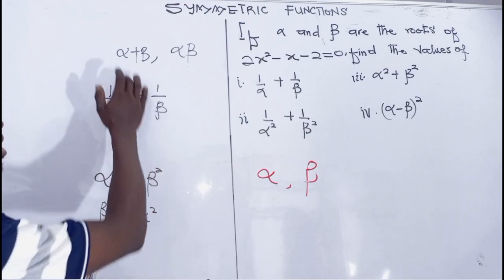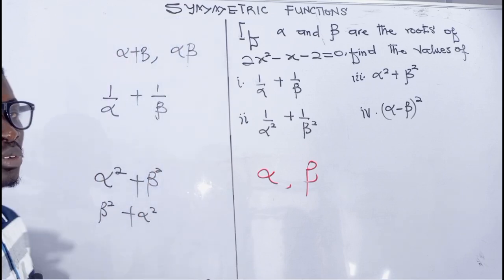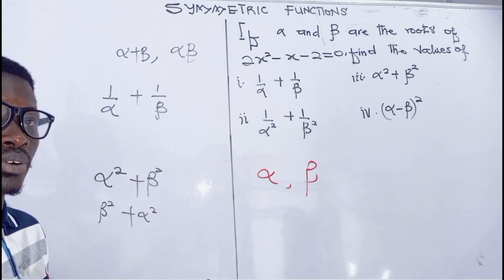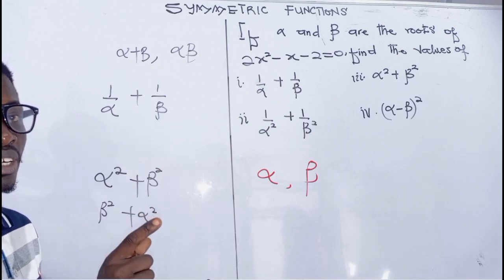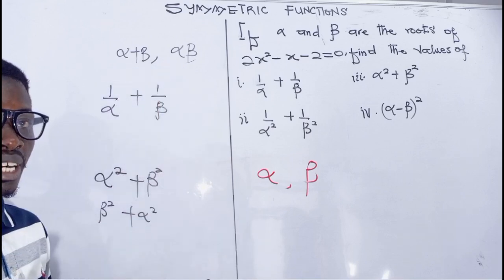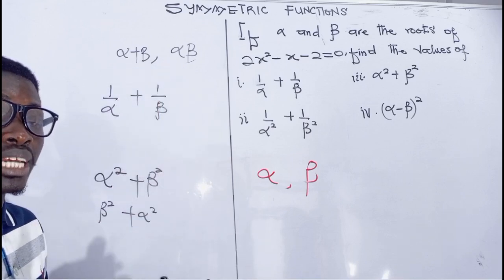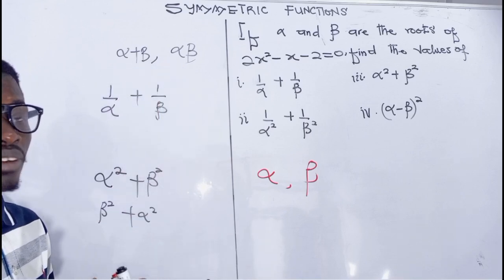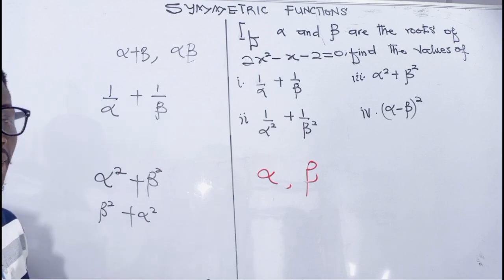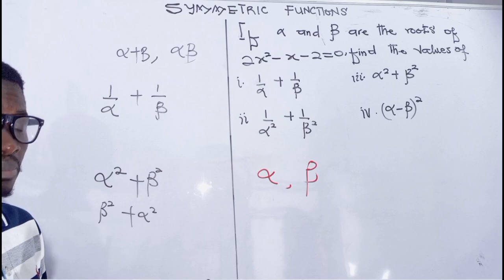In that case, these functions all become what? Symmetric functions. So when you know these two basic symmetric functions, which are alpha plus beta and alpha beta, we can use them to calculate any symmetric function of our choice because there are countless examples of symmetric functions. I believe you are following me.